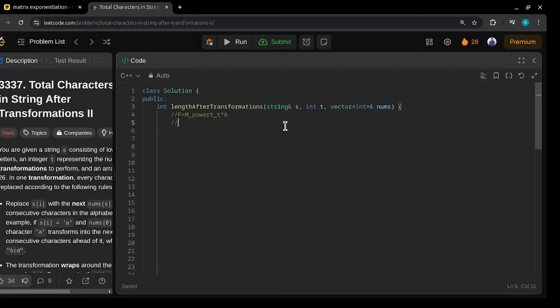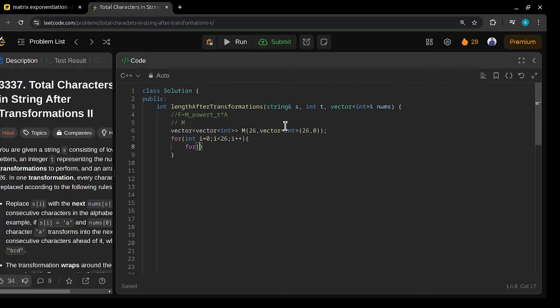To calculate this I first have to make the matrix M. So let us define a matrix M. This will be a 2D matrix of size 26, as there are 26 characters from A to Z. So vector of int again 26, initially all 0, and I will traverse for int i equal to 0, i less than 26, i plus plus.